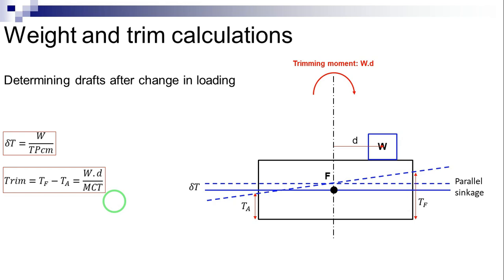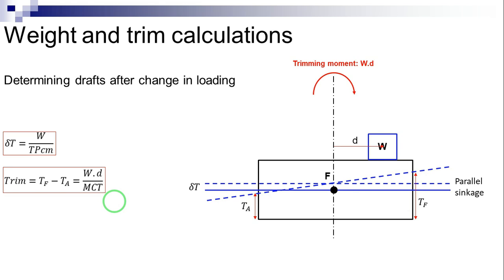The change in draft aft, which may be negative, will be equal to the parallel sinkage minus the change in trim multiplied by the ratio of the distance of the center of flotation forward of the after perpendicular to the length between perpendiculars. The process of draft calculation is similar to the method explained in the previous section.